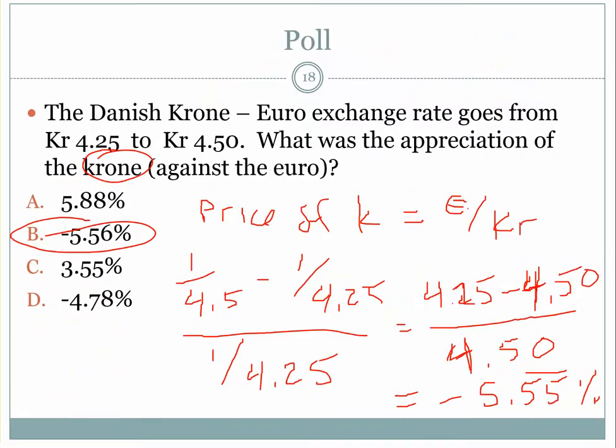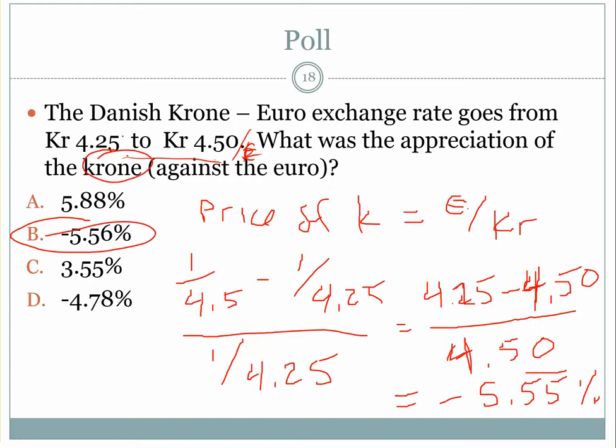Here's another example. Say the crown euro exchange rate goes from 4.25 crown to 4.50 crown. Implicitly, that means crown per euro. So we can say that this is actually the price of a euro, and the euro has appreciated, and the crown must have depreciated against the euro. So what was the appreciation of the crown?